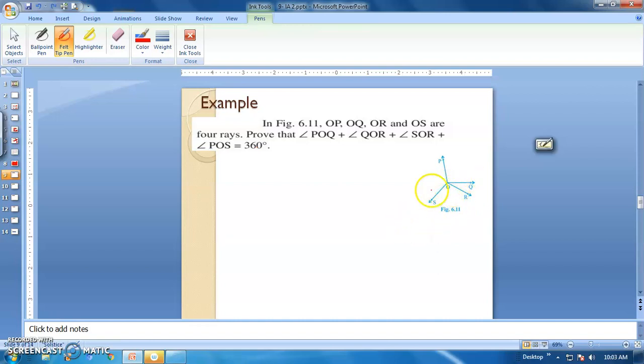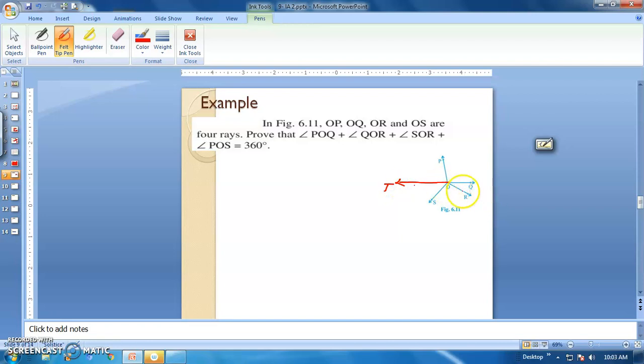For this, I'm going to draw one construction here. Extend QO like this, up to OT.